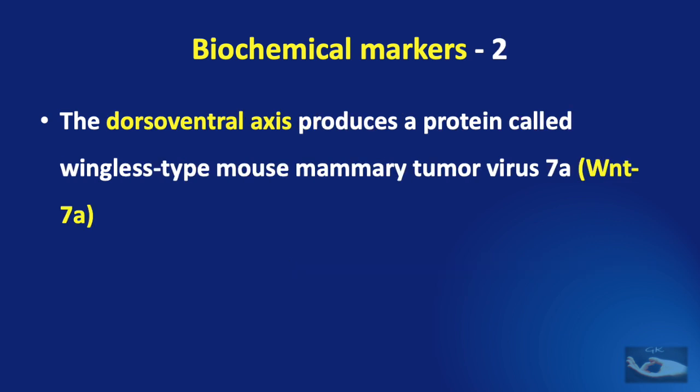The dorsoventral axis produces a protein called wingless-type mouse mammary tumor virus 7A, WNT7A, which we have already mentioned earlier.